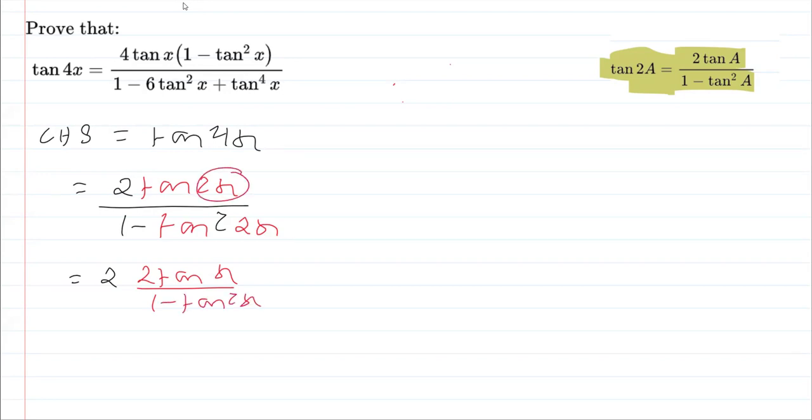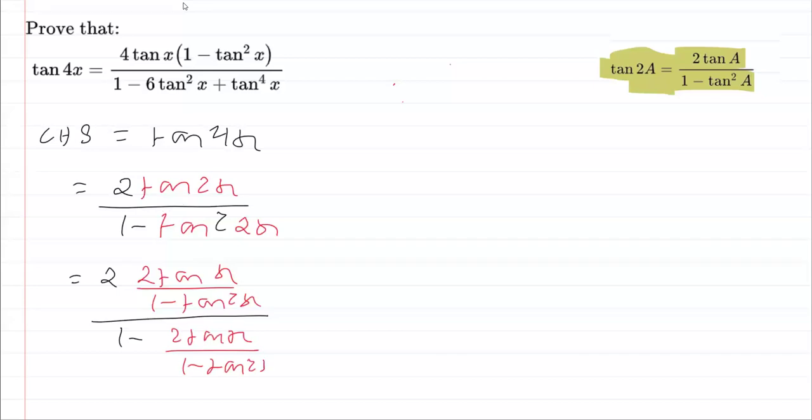As you can see, 2x using the half angle property becomes x. That whole divided by 1 minus, once again we are applying this identity. So for that, we'll be writing this tan 2x again as 2 tan a, that is 2 tan x, divided by 1 minus tan square x. But then we have a square over here, so we'll be placing a whole square over here.